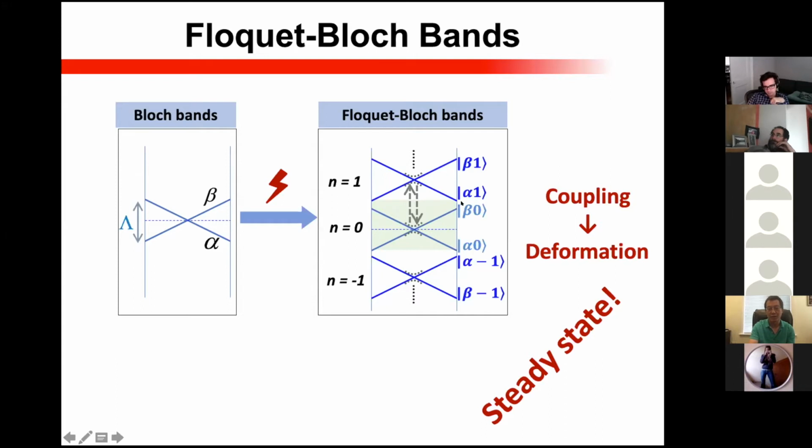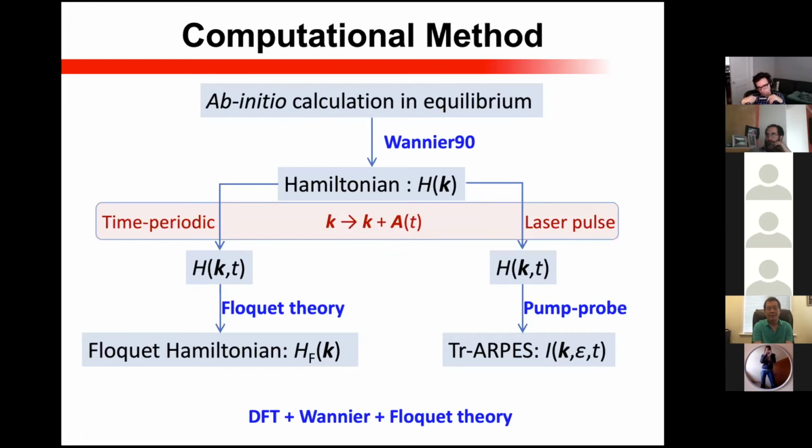For example, in one case, you may open a band gap in the original Dirac band, so that you transform a Dirac semimetal into a topological insulator, for example. Specifically, what we do is we developed a new computational scheme that can calculate the Floquet-Bloch states from first principles based on density functional theory.